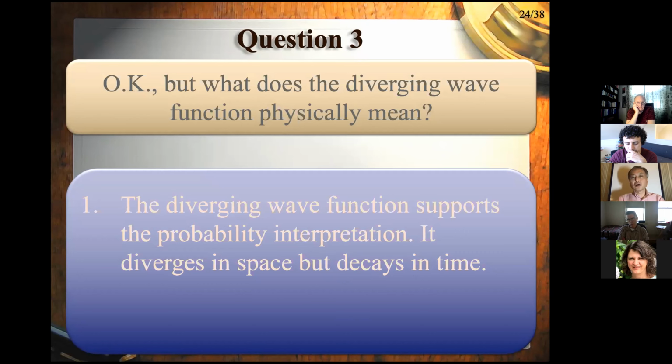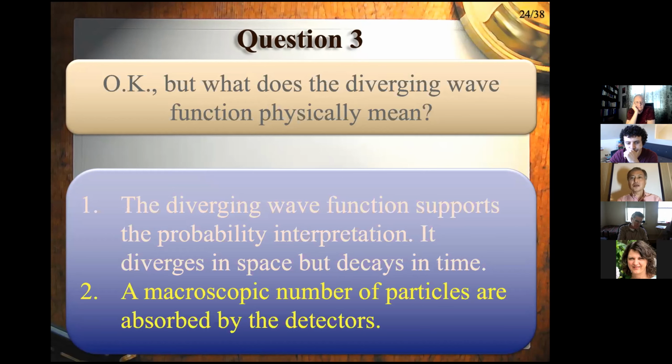So it's physical, and it's more physical in the sense that in reality we have detectors and a completely absorbing boundary condition. A macroscopic number of particles are in fact absorbed by the detectors, and that's why it diverges in space, and in the end macroscopic numbers of particles are finally absorbed by the detectors. That's what this diverging wave function physically means.